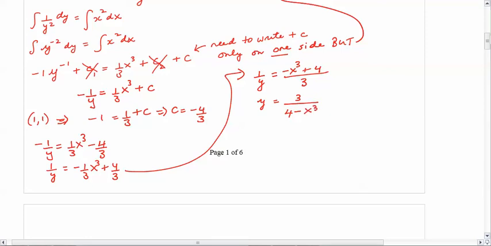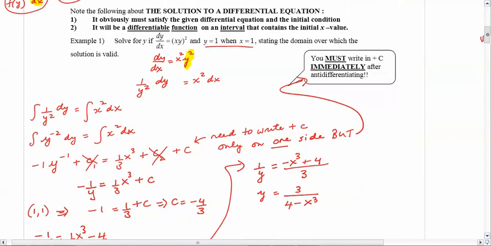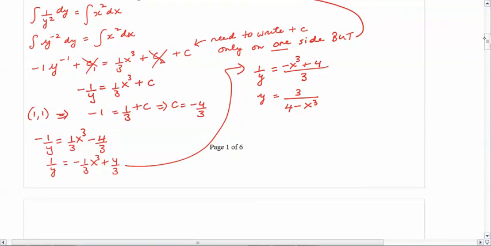Okay, and you might think you're done, but remember the problem did ask us to say something about the domain, and in fact, if I look at this function, there is a discontinuity. And remember, when there's a discontinuity in my solution, there are going to be more than one branch in the natural domain.